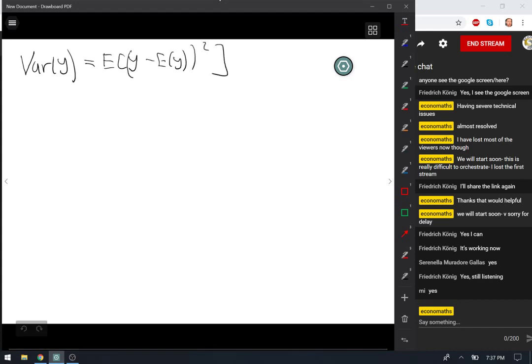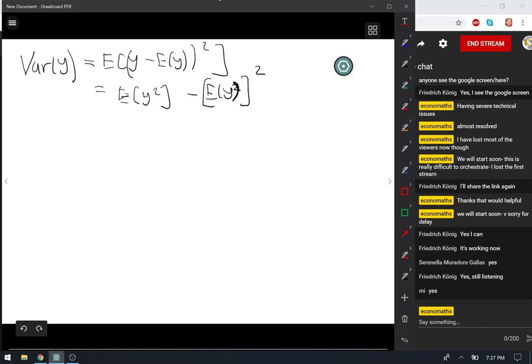Expand all this out, and you should be very comfortable with these definitions by now. We've got E of y squared minus the mean of y, all squared.